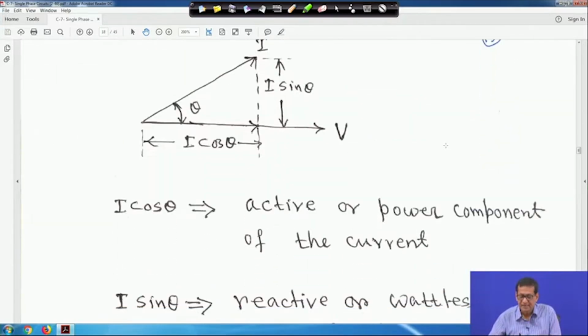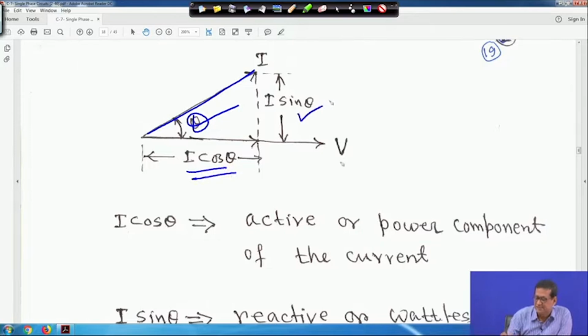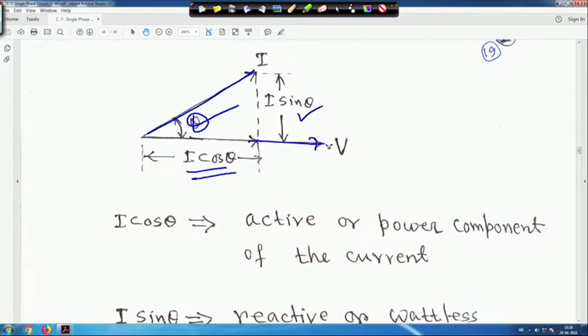Therefore if your current is I, suppose this current is leading, and this angle is theta, then the projection on the x axis is I cos theta, and this is I sin theta, and this is your voltage V. I cos theta is the active or power component of the current, because we know power is VI cos theta.